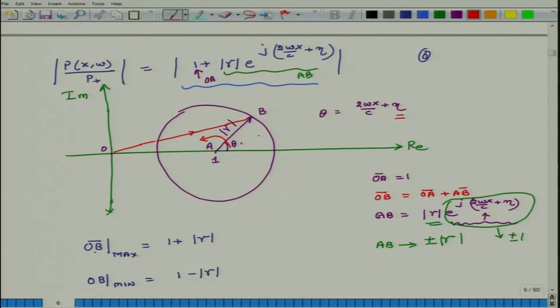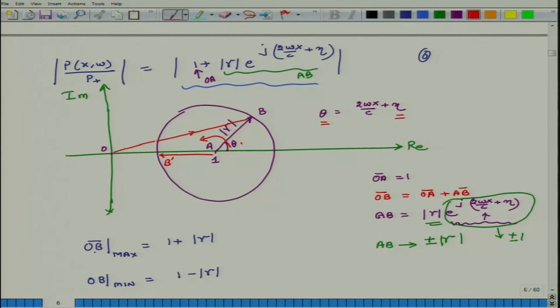What happens when theta equals minus pi? When theta equals minus pi, not degrees, minus pi radians, then this location of B comes here, right. So, when theta becomes pi radians or minus pi radians, B is at this location.